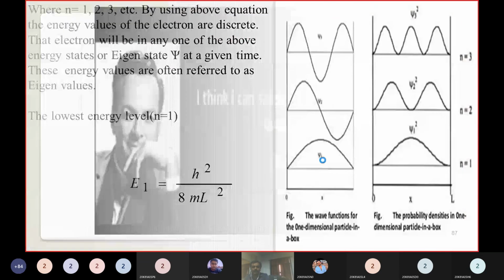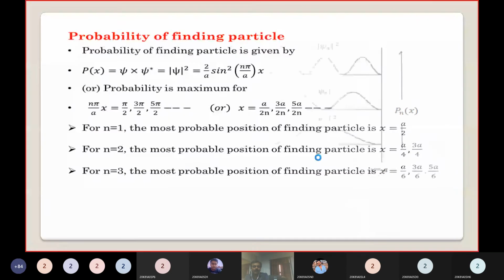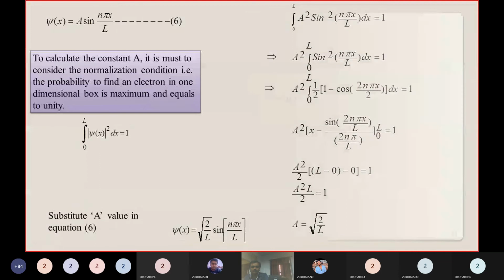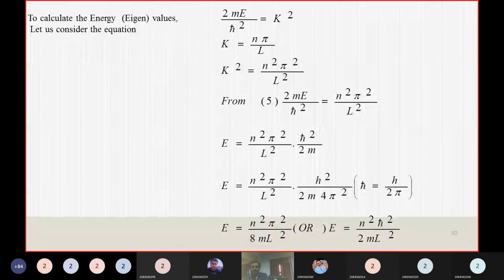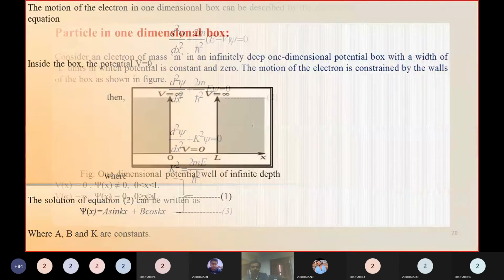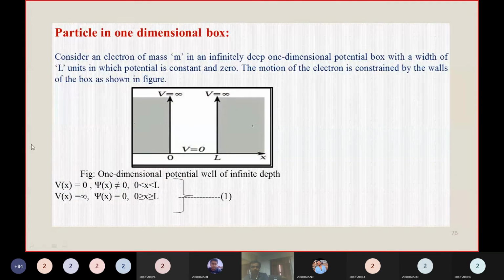Same like that only. Now once again I will explain. Already we know the boundary conditions we are taking. First we are taking two conditions.